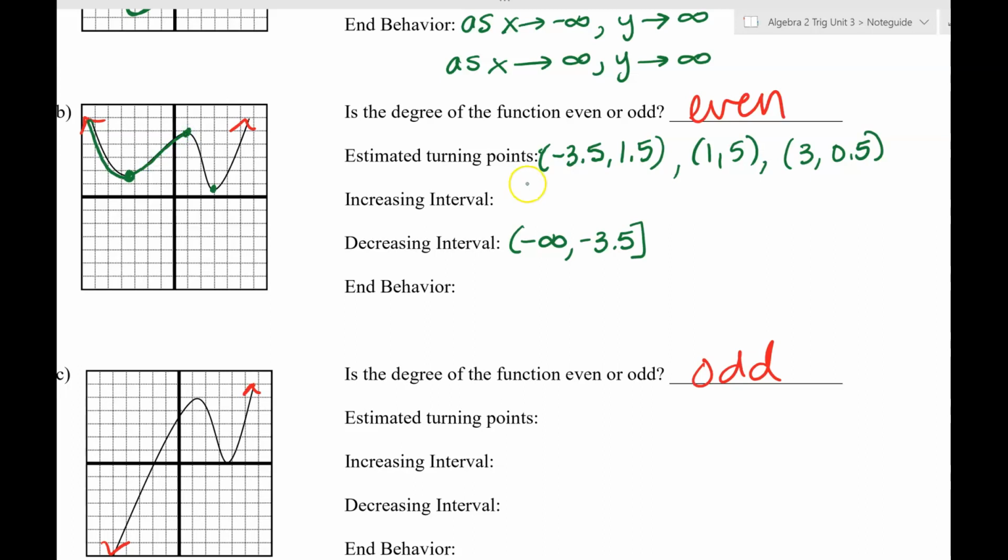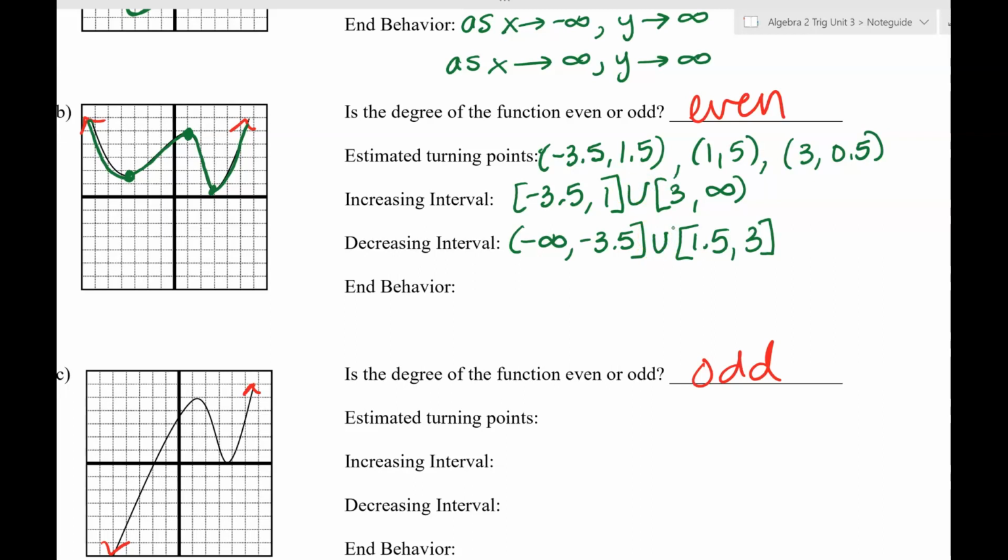So then my increasing interval is from the x coordinate of that first turning point until the x coordinate of the second turning point. Then I hit the turning point and I'm decreasing again. So another section for the decreasing interval from that 1.5 until that value of 3. And then I turn around again and I'm increasing, and that's from 3, and it doesn't turn around again, so that will have that behavior infinitely.